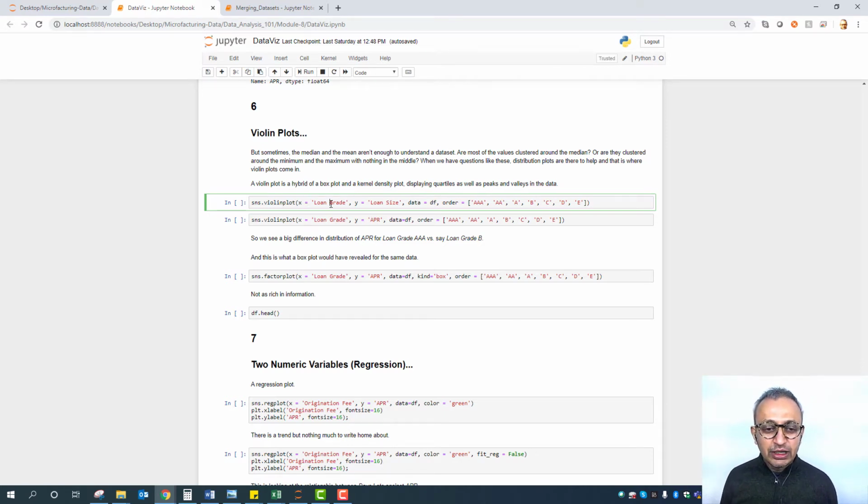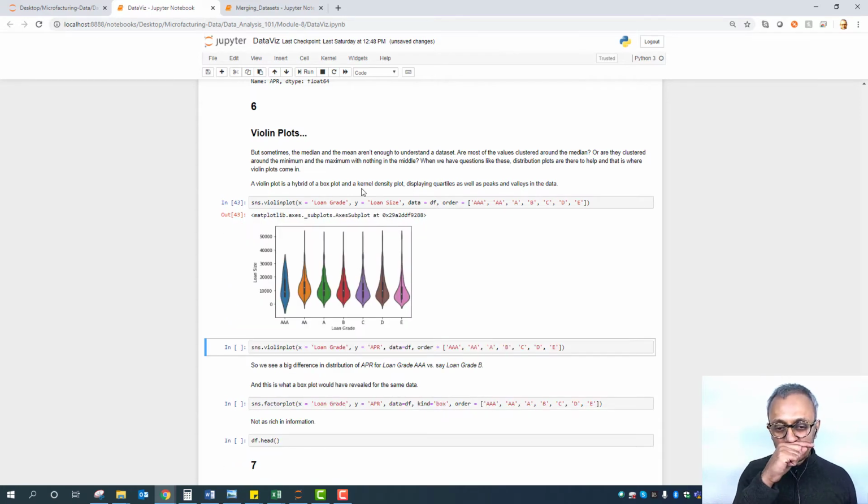So let's do the same thing, loan size by loan grade, and we're going to plot a violin plot. It also has, I think we have been through that, the kernel density plot, so it gives you an idea as to how the data is distributed. As you can see, a bulk of the data is around this point.